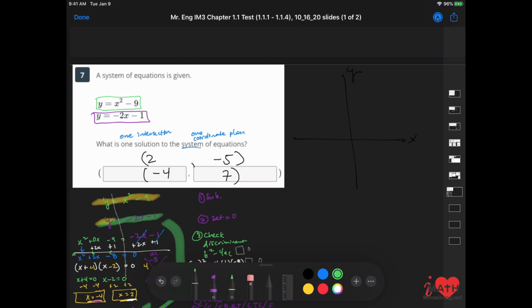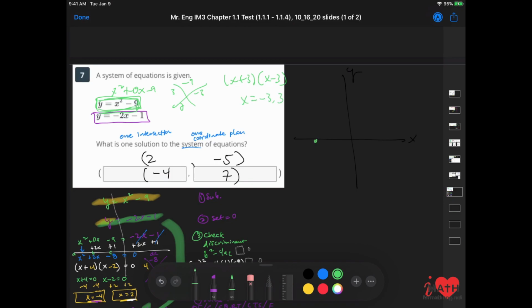So in green, you have a standard form, y-intercept that's negative 9. If you factor that one, b value is 0, right? You get 3 and negative 3. So x plus 3, x minus 3, and you solve those, and you get x equals negative 3 and 3.